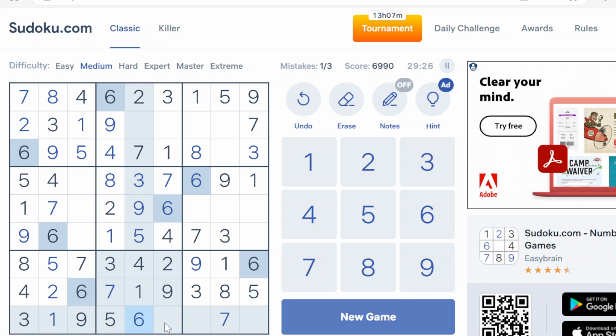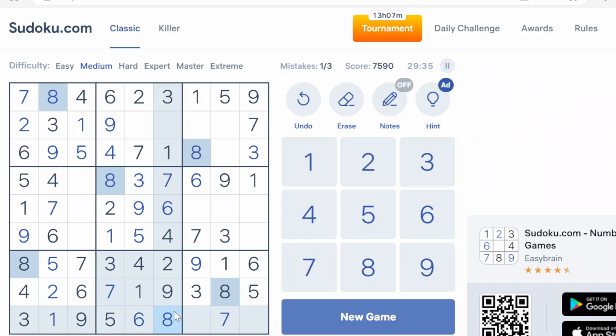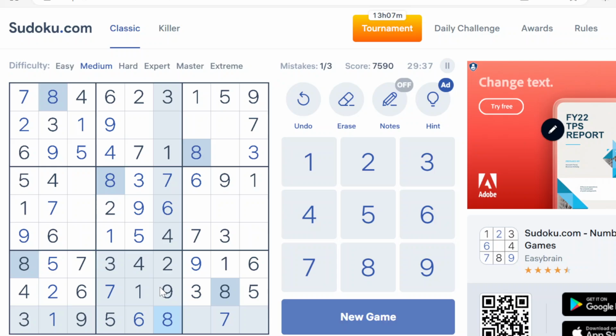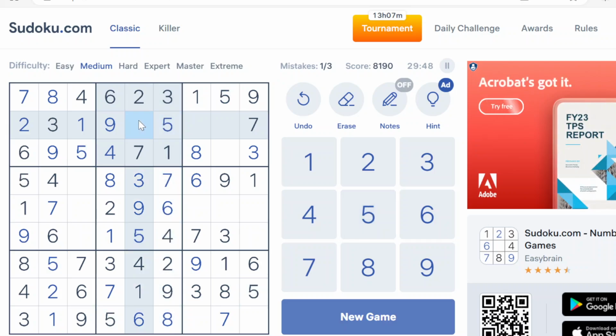So this one can't be a 6, so this one has to be a 6, which means that this one's an 8. Yeah, okay, and we can also finish this column by the process of elimination. So this has to be 5. And we can finish this box, which is 8.